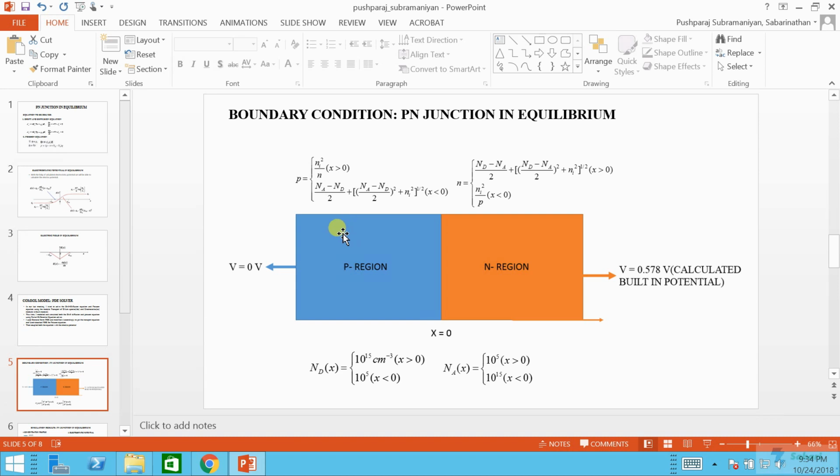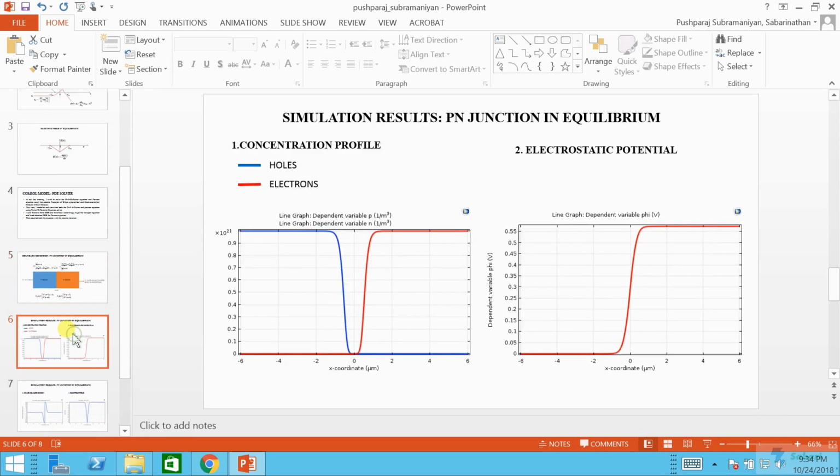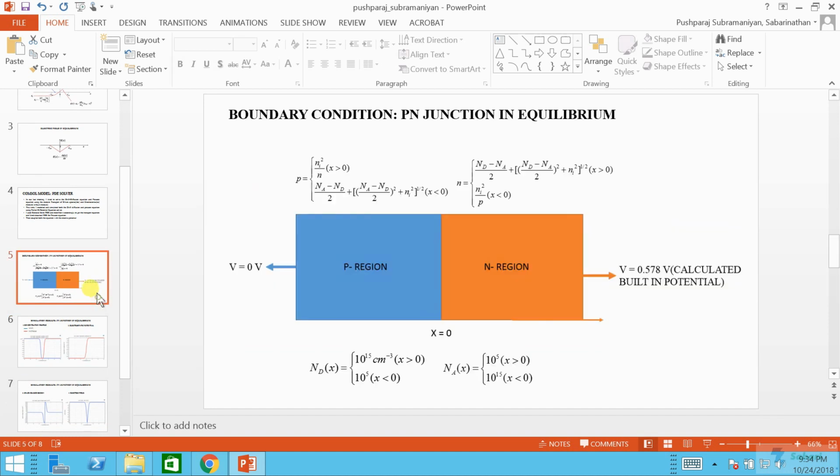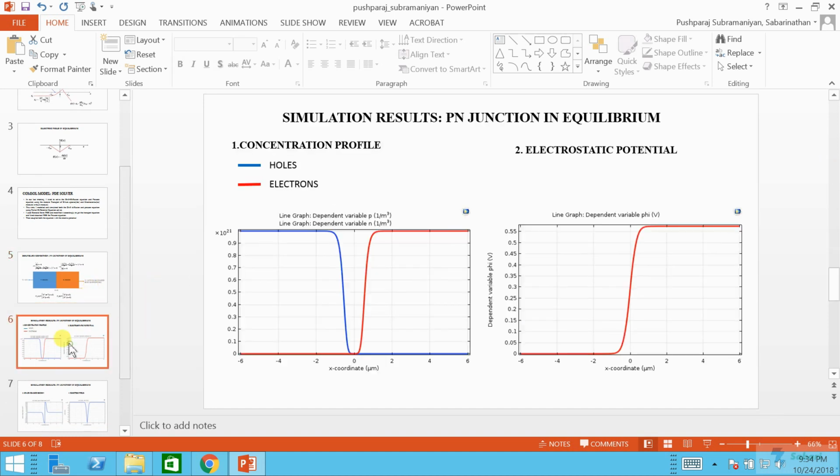You could see the p region has the equation as follows, and the n region has the equation as follows, which I am going to incorporate into COMSOL as variables. We want to obtain these graphs.